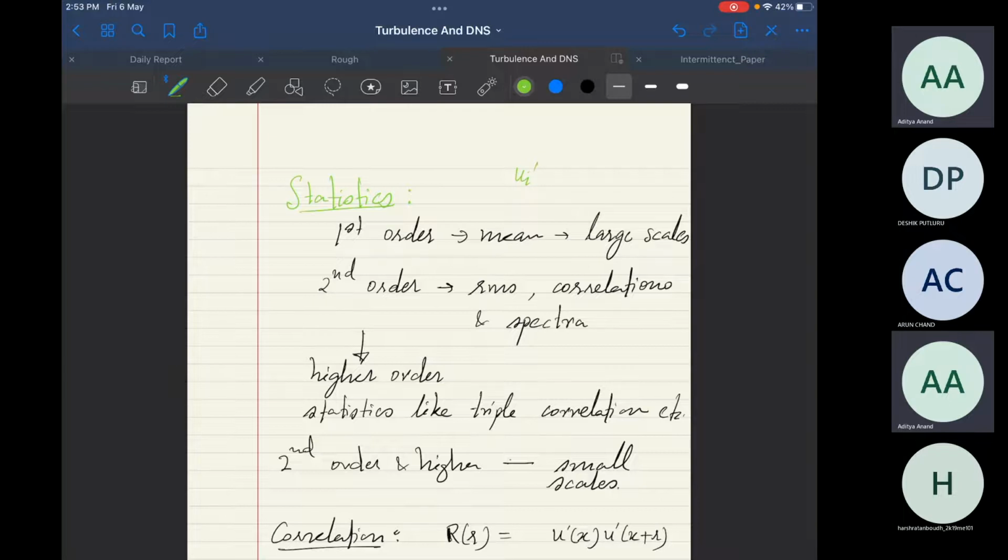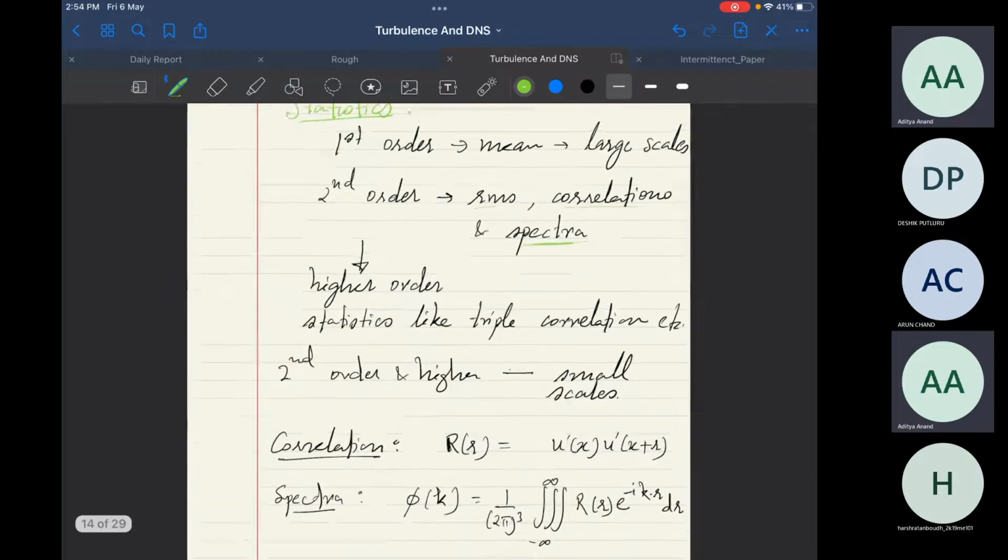This depends on the large scales of the flow. Then you have your second order statistics, which are the RMS, correlations, and spectra. We'll talk about spectra in detail a little later. You can also have higher order statistics like triple correlations or fourth order correlations. What the Kolmogorov hypothesis says is that your second and higher order statistics for the small scales depend only on epsilon and nu.